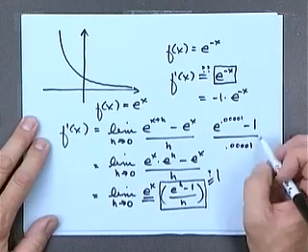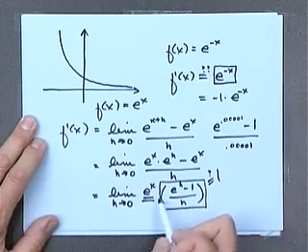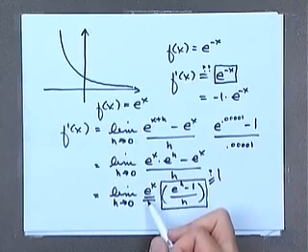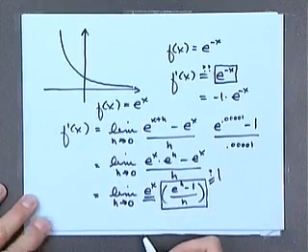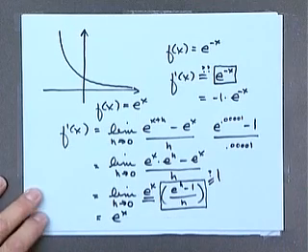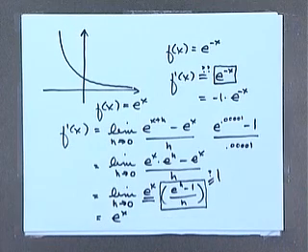Okay. So this, in fact, is 1 when the base of our exponential function is the number e. So the derivative of e to the x has been validated a couple different ways as itself, e to the x. So the slope of the tangent line is the y value.